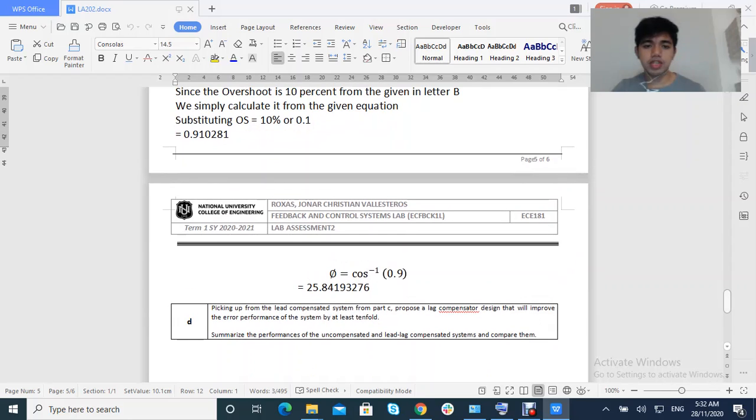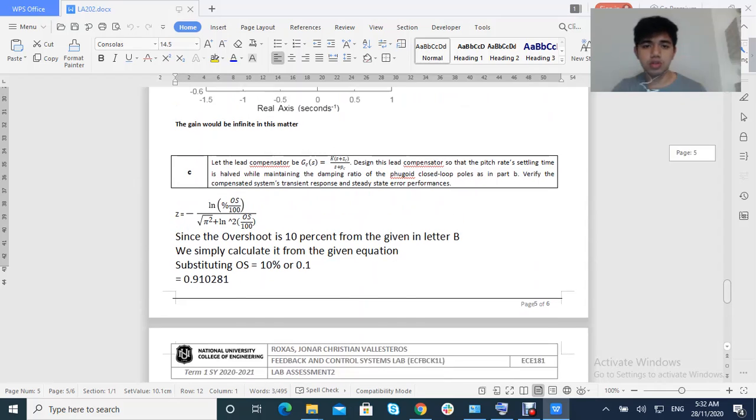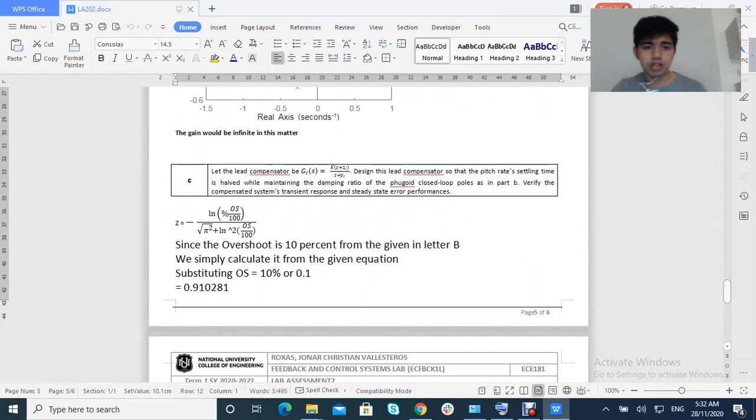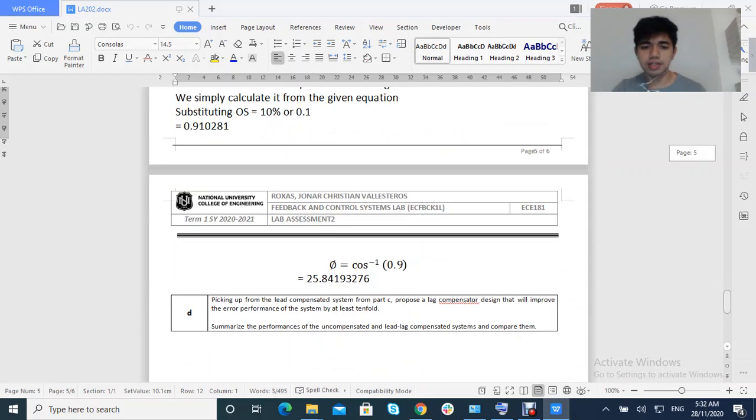So using this formula right here, theta is equal to cos inverse of the damping ratio, which shows 25.841937726 degrees. Okay, so this will be the compensated system for the transient response and steady state response performances.